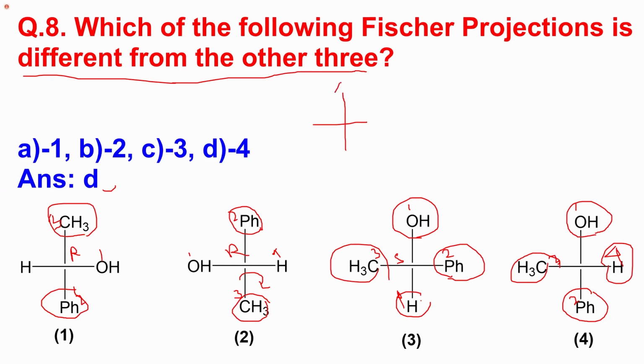Okay, so A, B, C, and D. Now we'll discuss the priority order. What is the priority order? The priority order will be A, B, C, then D.